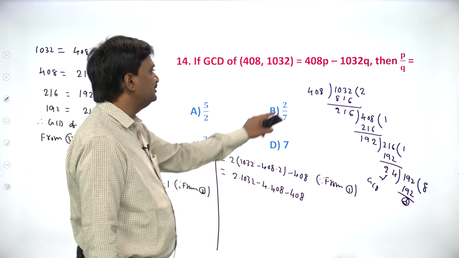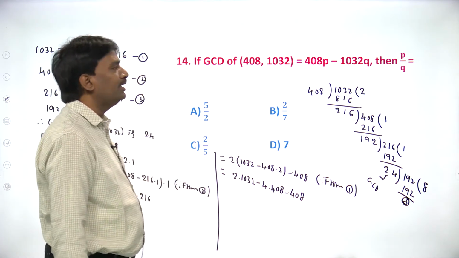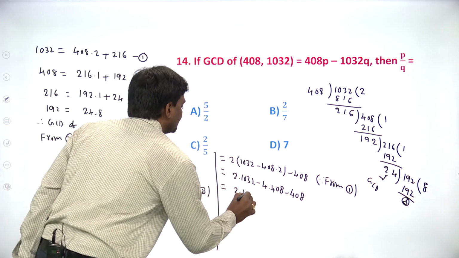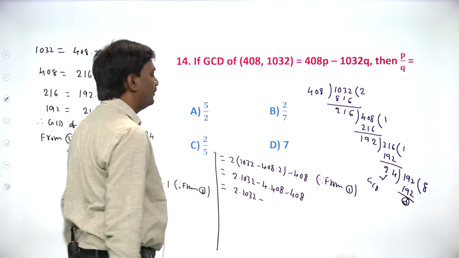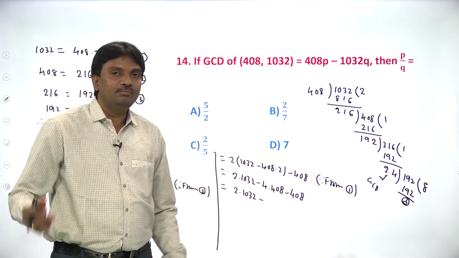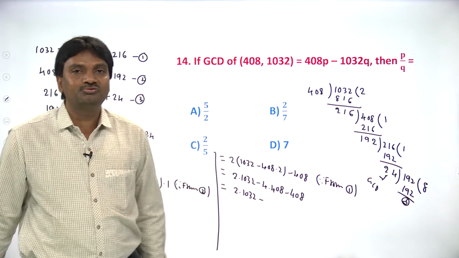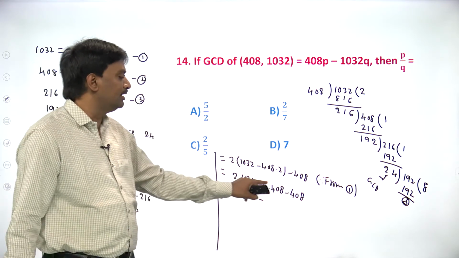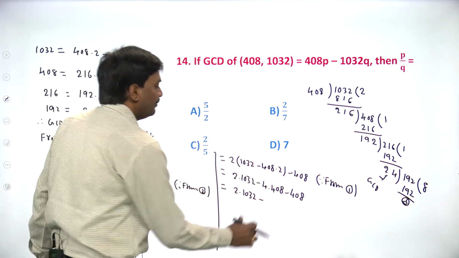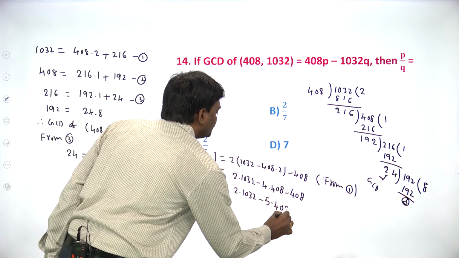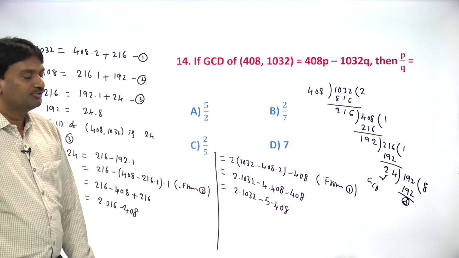Now we have to express this in the form of 408 into P minus 1032 Q. So we can write this as 2 into 1032 minus 4 into 408 minus 408. From these two terms, by taking minus 408 as common, you will get 4 plus 1 is 5. By adding these two, what we get? Minus 5 into 408.